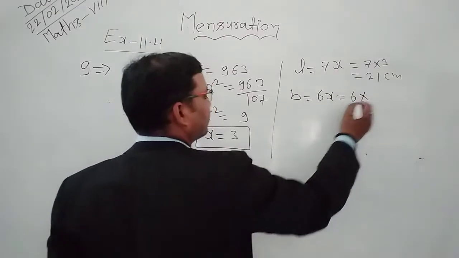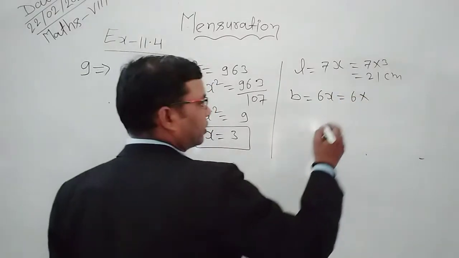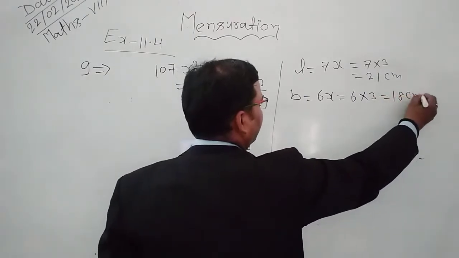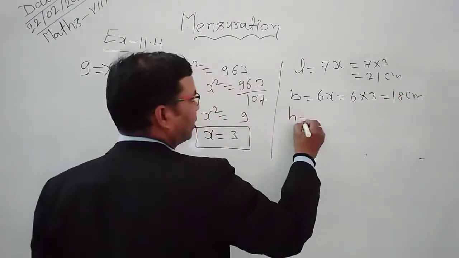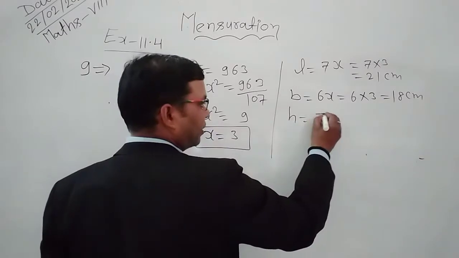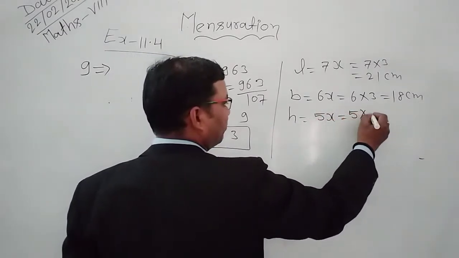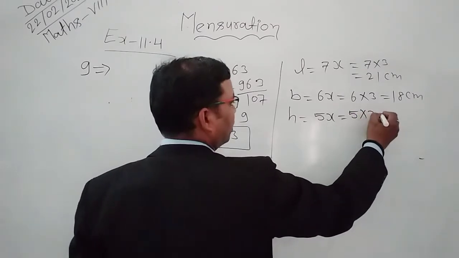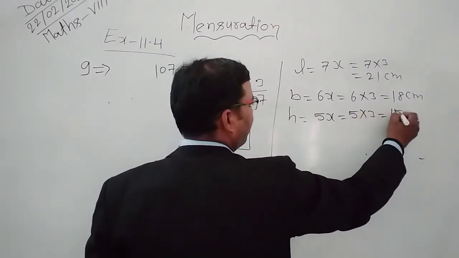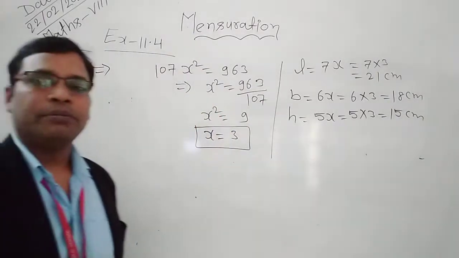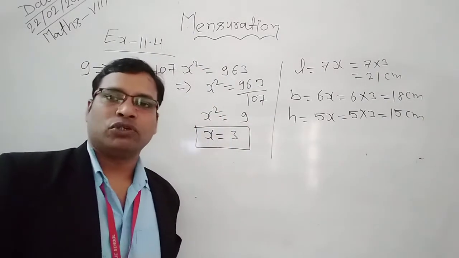So here we find the value of x is 3, so this is equal to 18 centimeter. And height is equal to 5x, so you write 5 into 3 because you find the value of x is 3. This is equal to 15 centimeters.